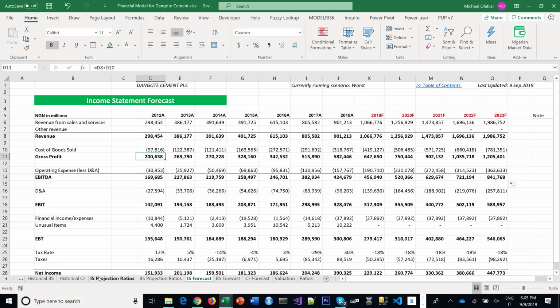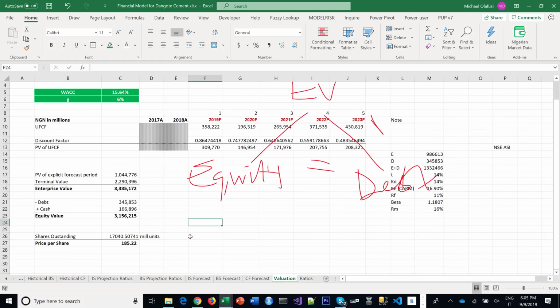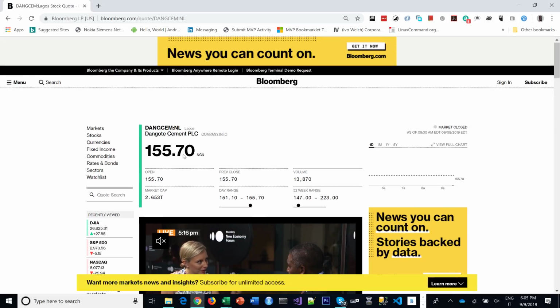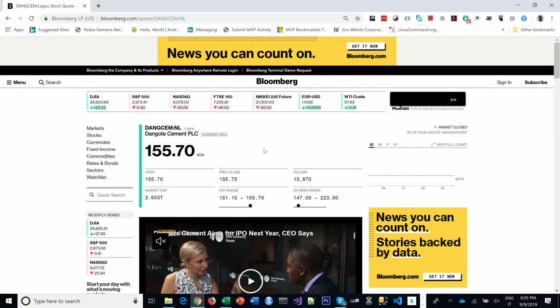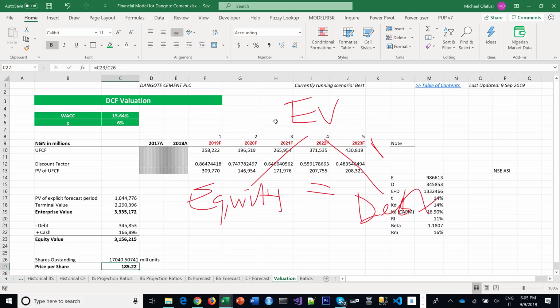Once I corrected that, it's looking a bit more reasonable. So let's check out the best case, then I go to the valuation. It shows Dangote's valuation comes to 185 naira per share. Let's check what it is currently selling for. Selling for 155. So our model says Dangote is selling at a discount if you go with the best scenario.